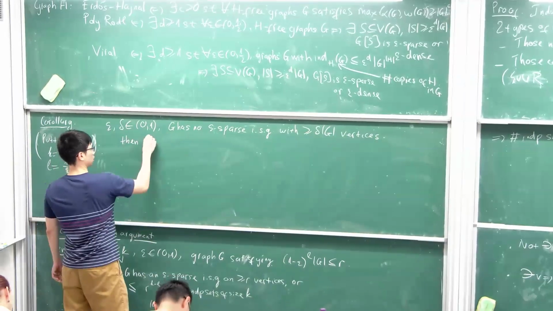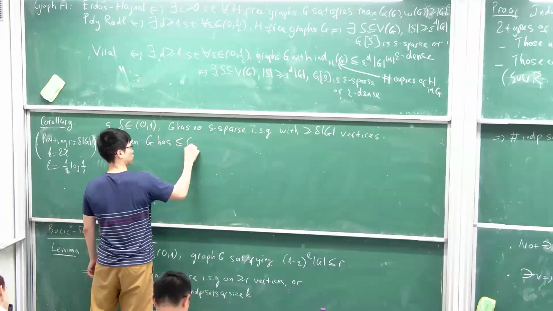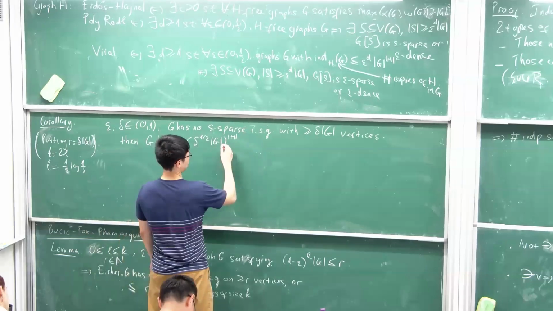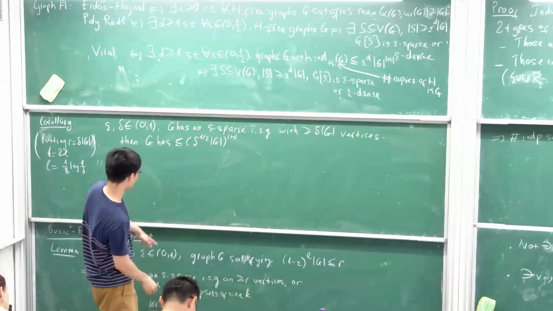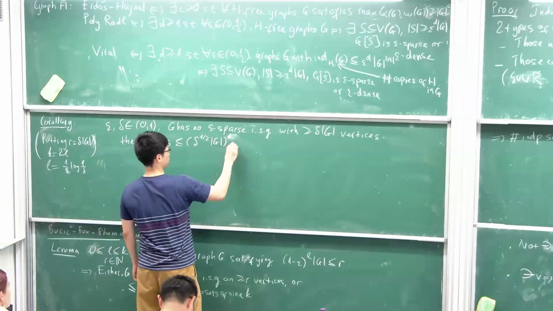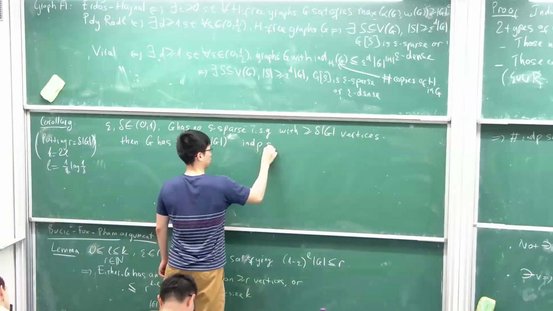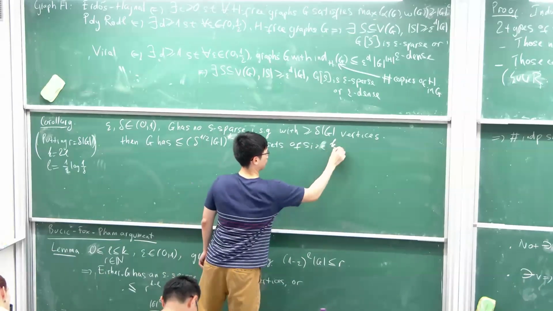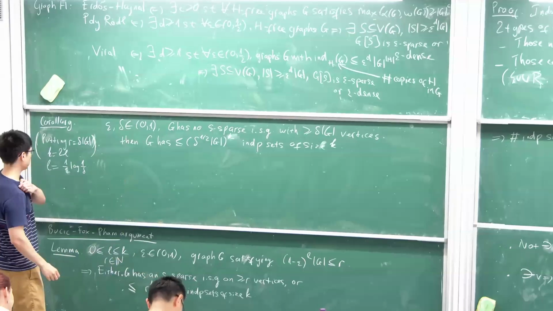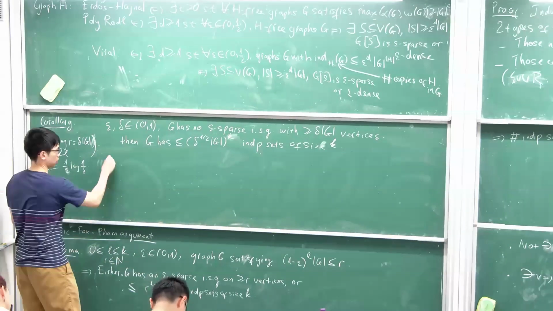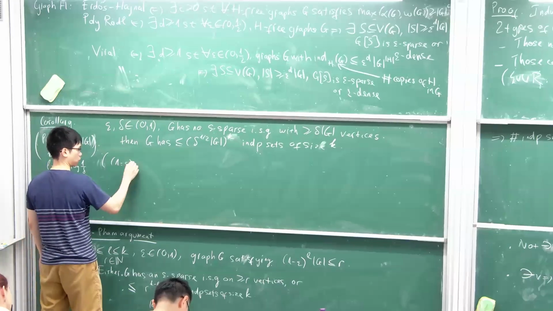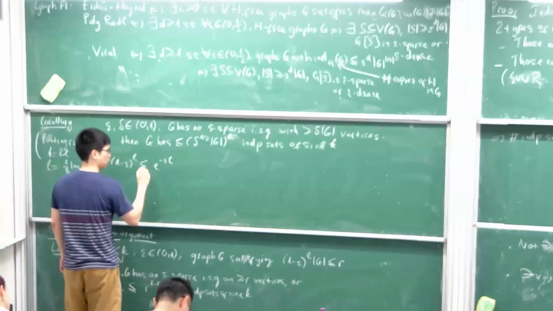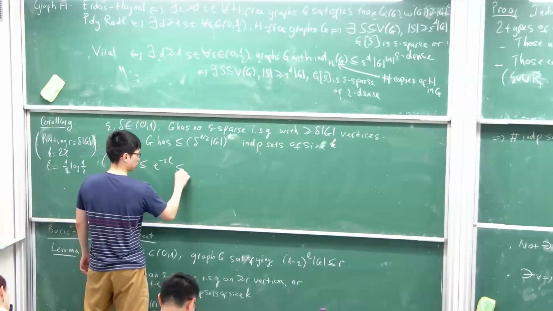Then G has at most delta to the 1/2 and G raised to the power of K independent sets of size K. And the reason here is because of the choice of L. You note that 1 minus epsilon raised to the power of L is at most e to the minus epsilon times L, and at most L.